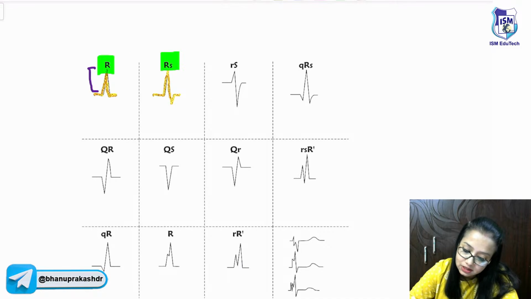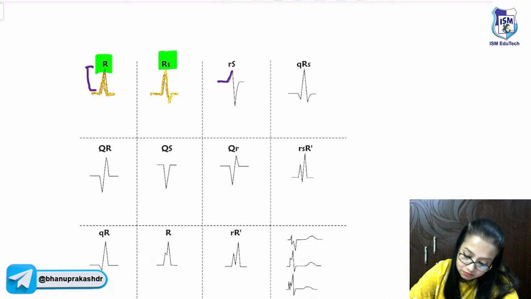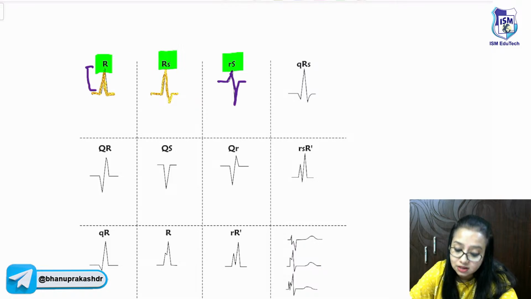In another example the R is smaller, just like in the septal precordial leads, mostly V1 and V2, where we see such a small positive R followed by a very big and deep S. So here the R is in lower case and the S is in upper case.